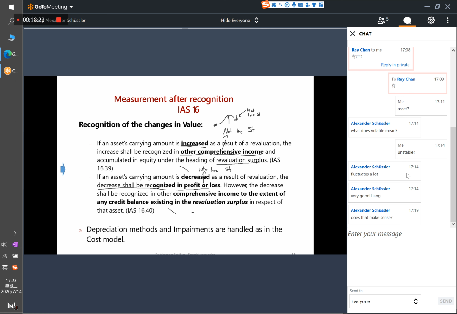When we have decreases, then the standard setter says, okay, we have to be careful. And when we have a decrease, we should show that to our shareholders in the income statement. Are there any questions?